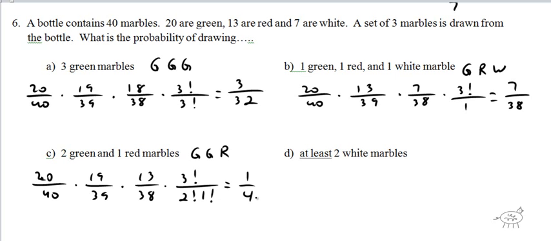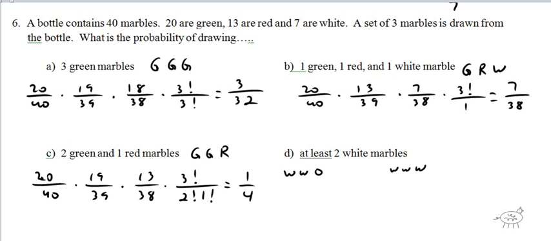Okay, and then D, there's that word again, at least. So basically what you do is you have, for picking 3 marbles, so it's white, white, and some other one, or white, white, white, right?